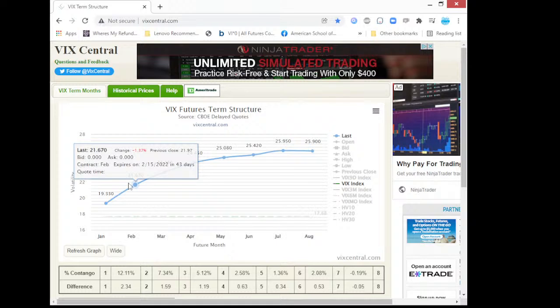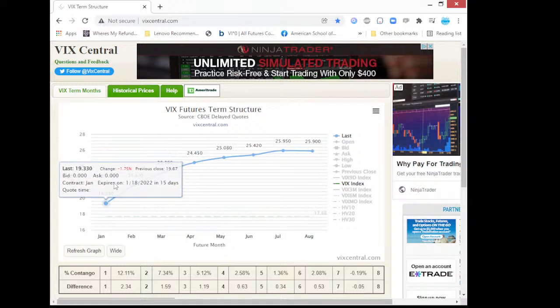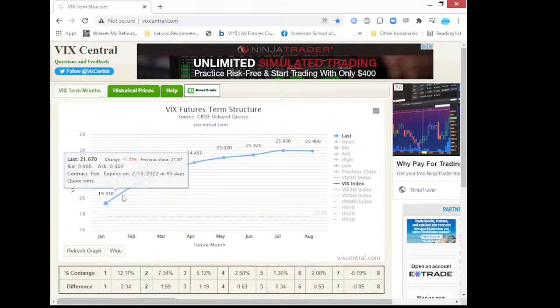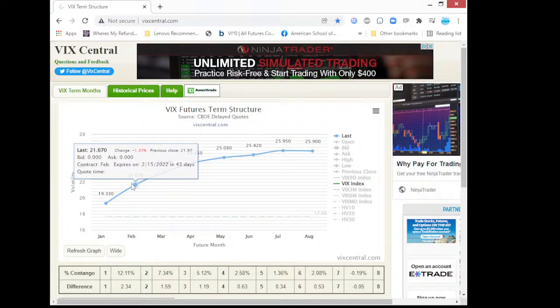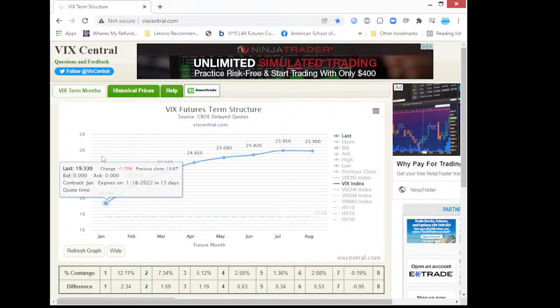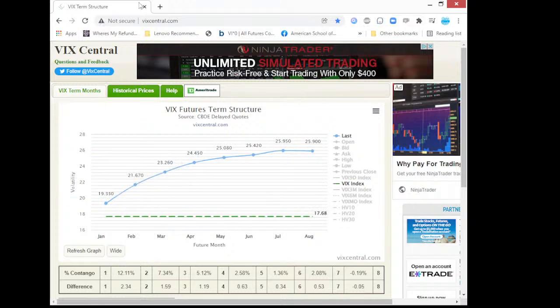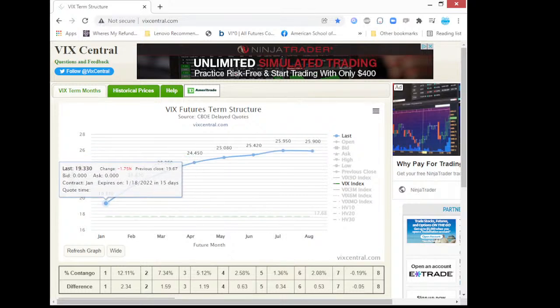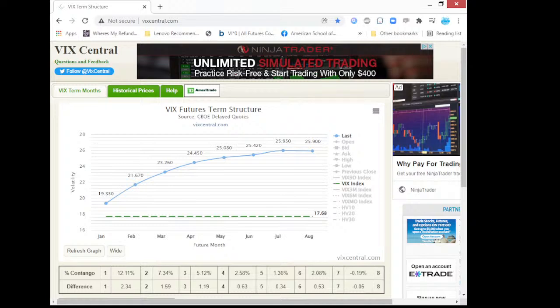essentially you have the front month future being replaced by the second month future over time. So in your mind, you could think of it this way. These futures here in blue are always falling slowly over time. They're falling towards the actual VIX price.